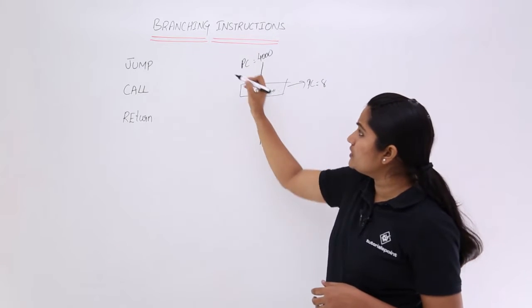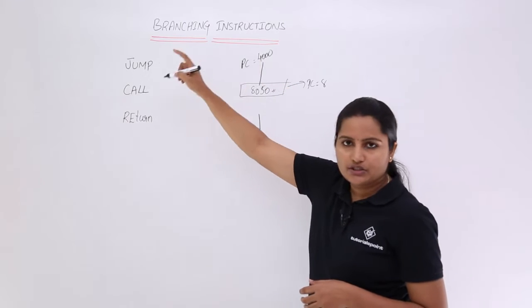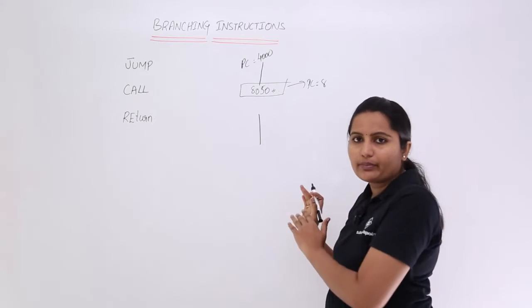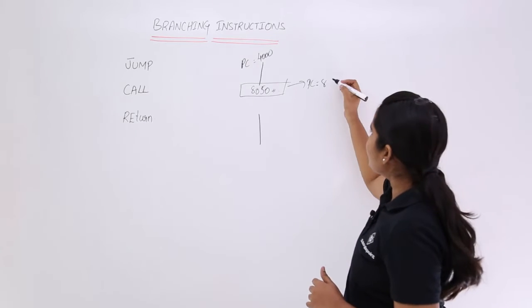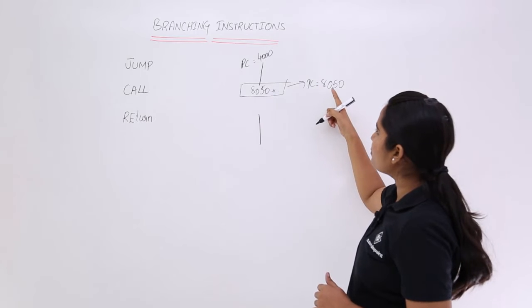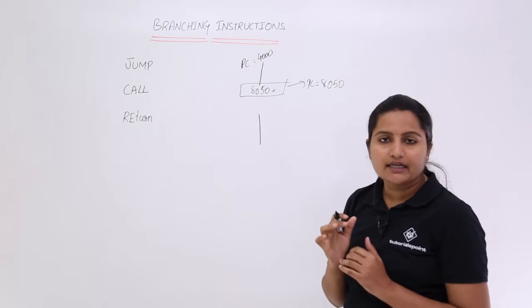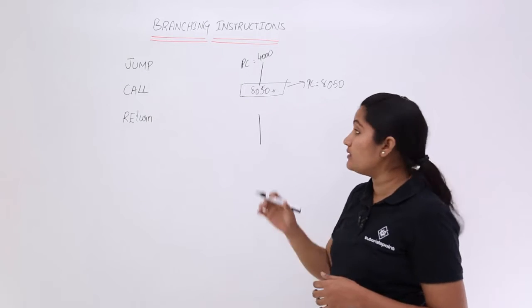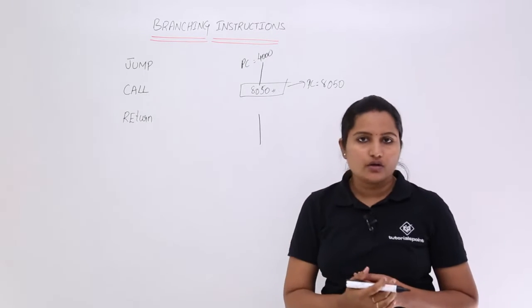That means this address is going to jump into the program counter. Then your program counter is going to hold 8050H, so definitely the next instruction that is going to be fetched is from the 8050 location.